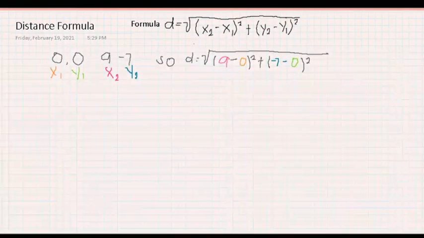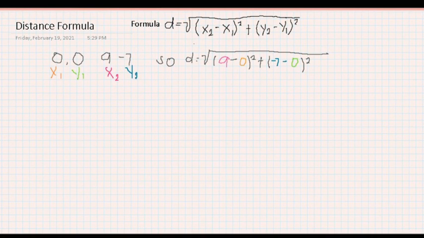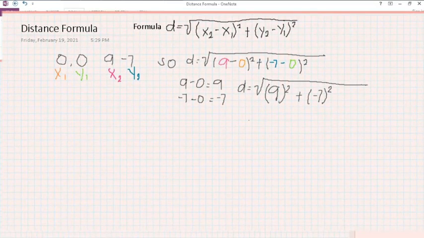So now it will be d is equal to the square root of 9 minus 0 squared plus negative 7 minus 0 squared. So d is equal to the square root of 9 minus 0 squared, which is 9 squared, plus negative 7 minus 0 squared, which is negative 7 squared.